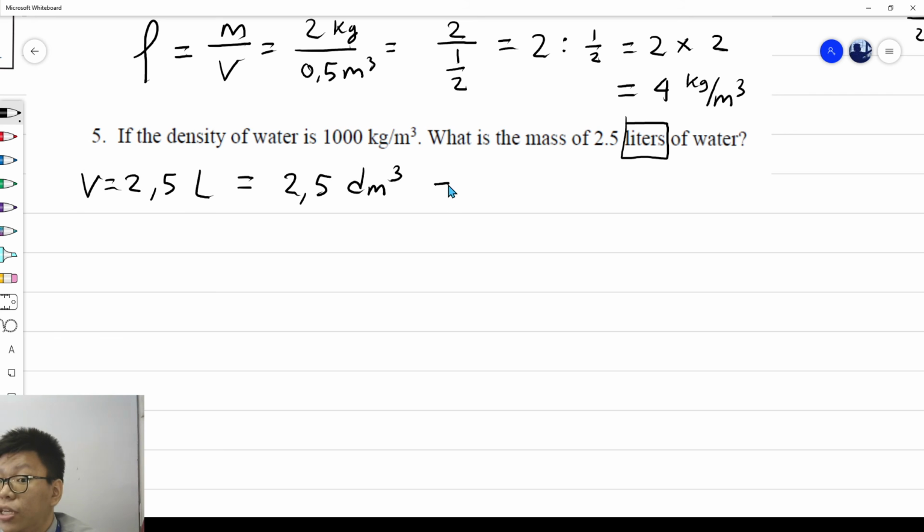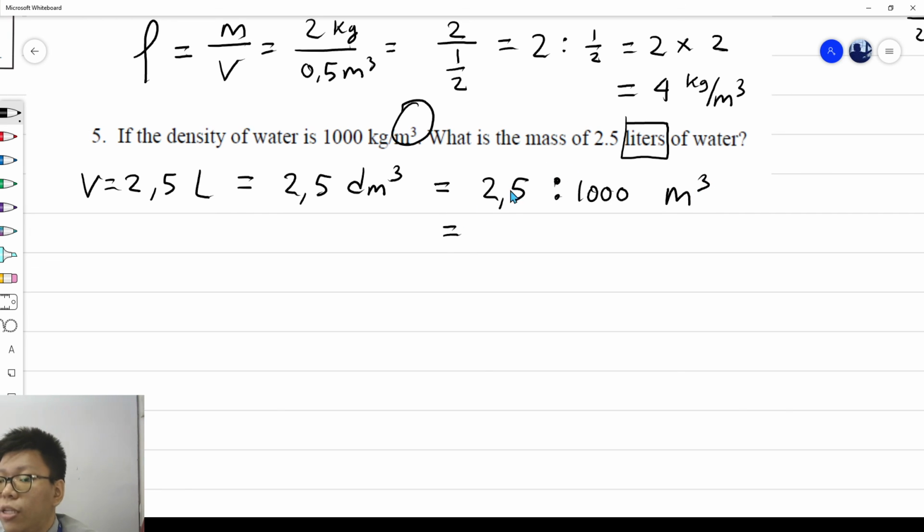From decimeter cubic, you need to convert it into meter cubic. Decimeter to meter will go up once, but because it is cubic, you need to triple it. Sorry, it will be divide by 1000. I will explain it more later on after this class. Yeah, I have class after this.